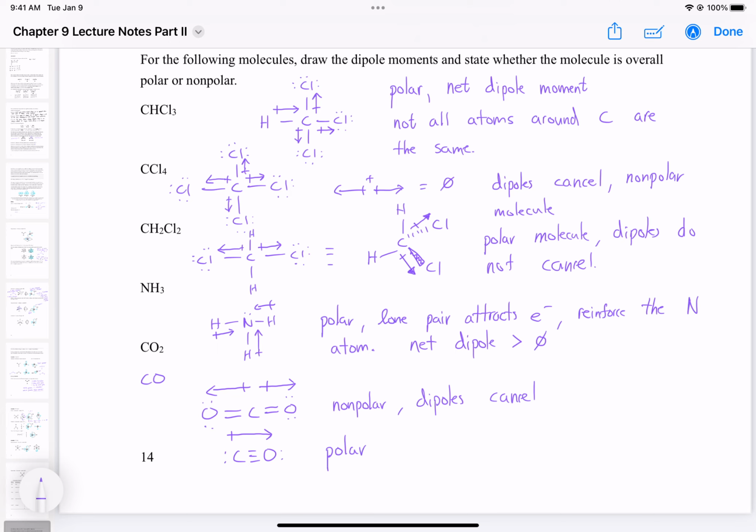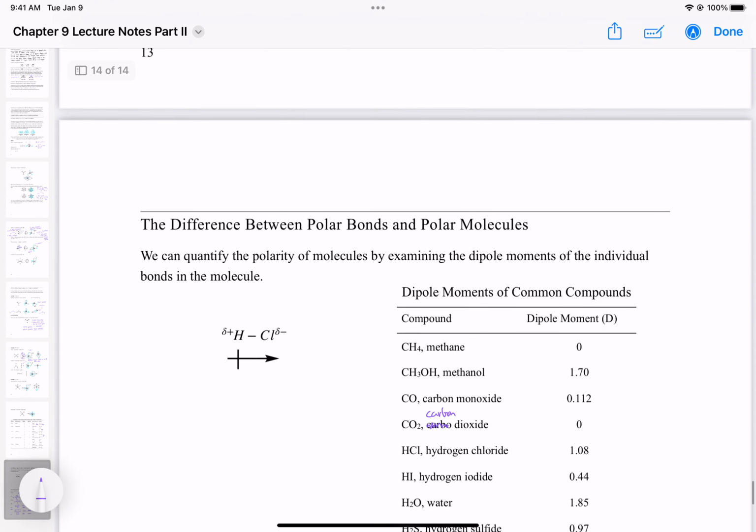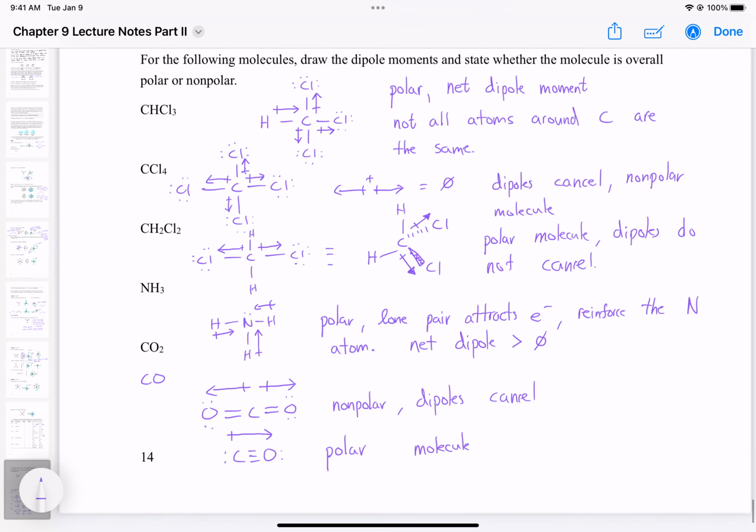A polar molecule, okay? So if we only have two atoms, as long as they're different, it's always polar. So any diatomic molecule with different atoms is always polar, okay?